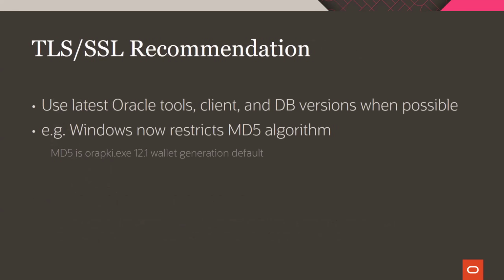So as a general recommendation, when you're using TLS SSL, we do recommend you use the latest versions of Oracle software, whether it's the tools, the client, and the database, simply because we're always looking to fix bugs and make improvements.